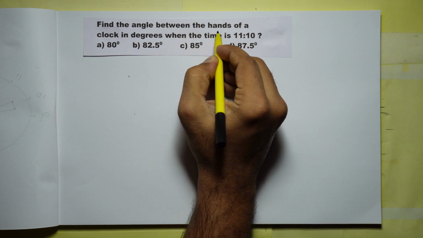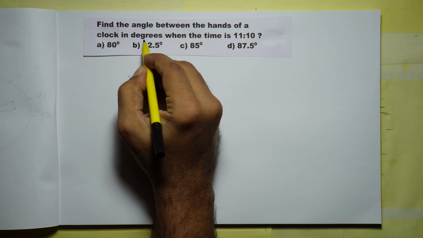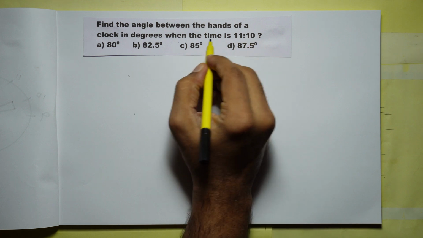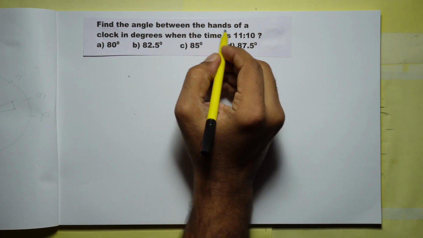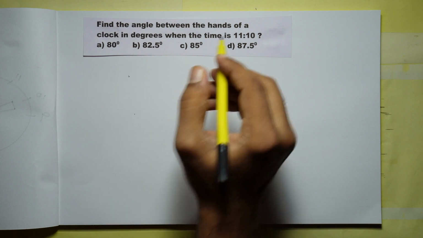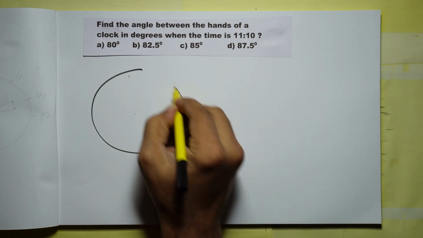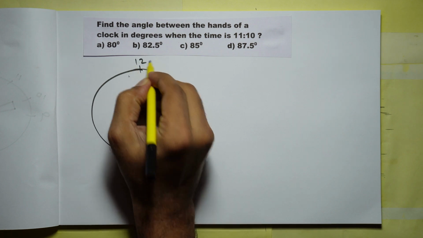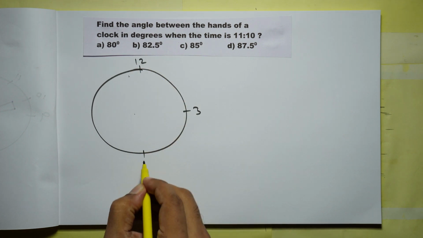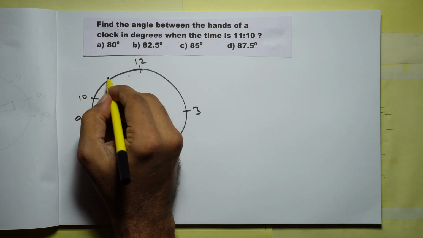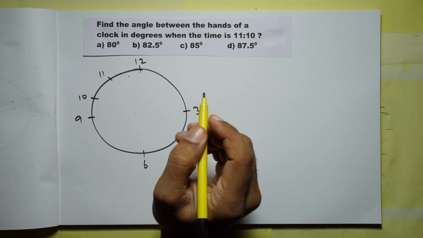Find the angle between the hands of a clock in degrees when the time is 11:10. So first of all, we'll find out the angle between the hands of the clock when the time is exactly 11 o'clock. So I'll draw the clock like this. You have 12, 3, 6, 9, 10, 11 and 12 here.